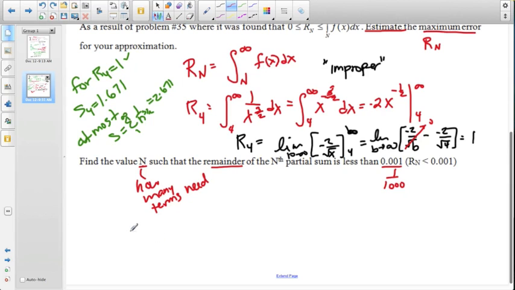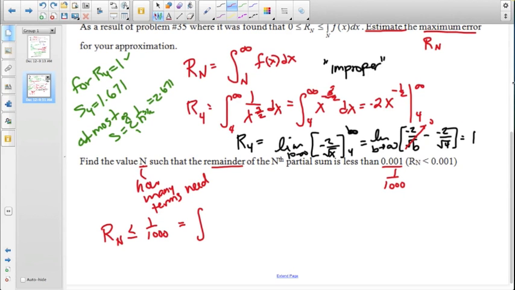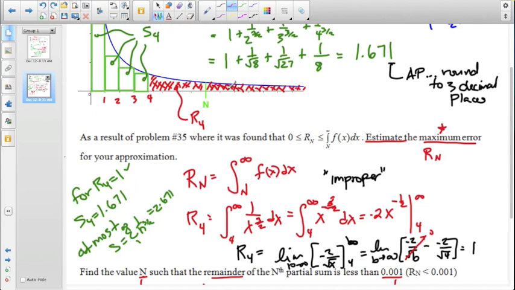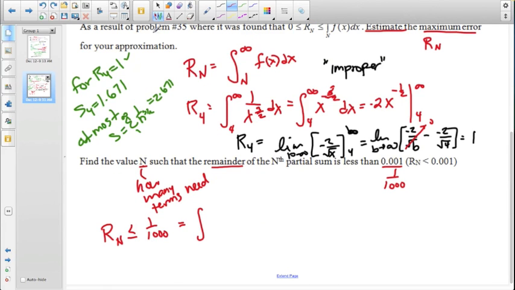So what we're talking about then is, we know that we want a remainder at most, so it has to be less than or equal to 1/1000th. And we know that the expression for the remainder is to integrate the function from n out to infinity. And so what we're looking for then, if we draw this picture here, so here's our function.